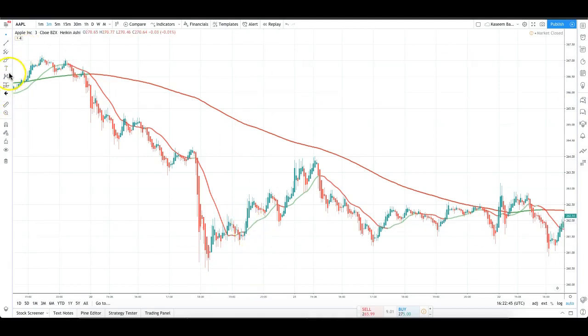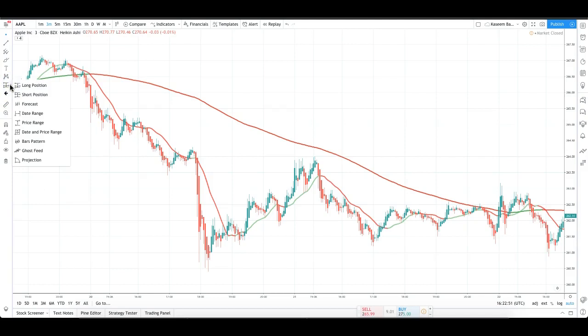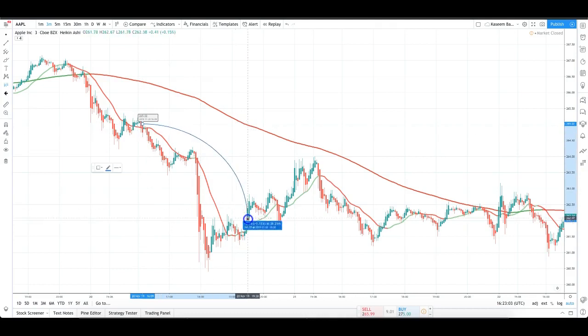Because let's say you got in, let me use a forecaster arrow here. Give me a second. Okay, so let's say you got in at this point and you got out here. As you can see, this is showing negative $3. That means this move right here would have been a $3 move.